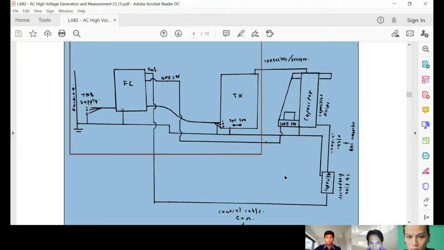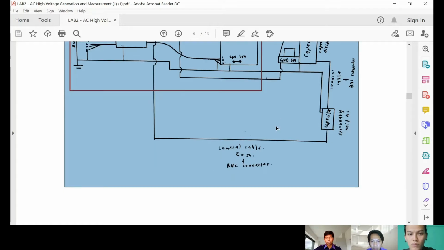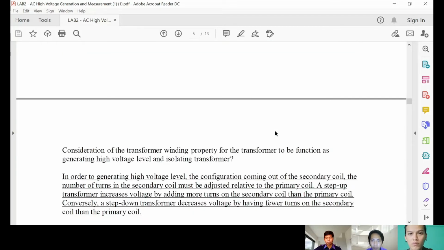On the transformer plate, as shown in the video by our lecturer Jikri, there is a connection guide that we have to follow. To make the transformer work in the range of 0 to 100 kV, we must do the connection to PX and IPU.